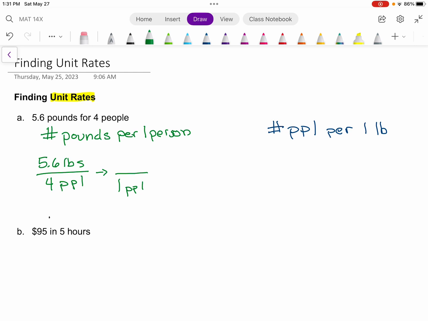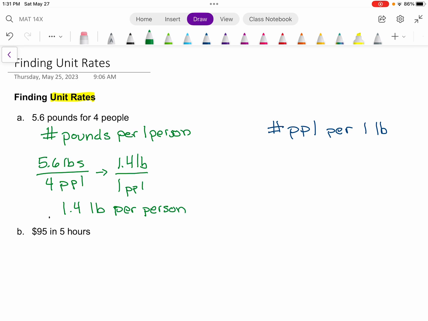And it happens to be 1.4. So it's 1.4 pounds per person. Now, we don't typically write our unit rates as a fraction. Instead, we'd write it as 1.4 pounds per person.